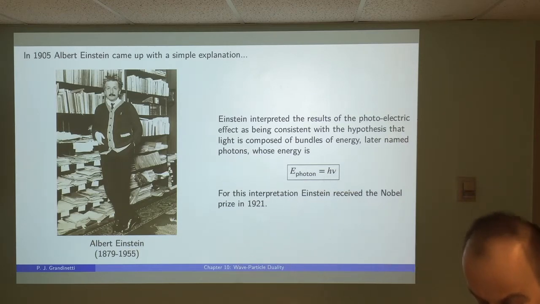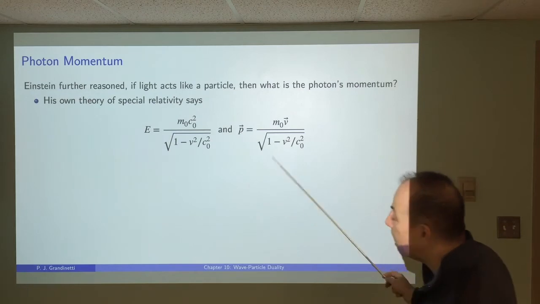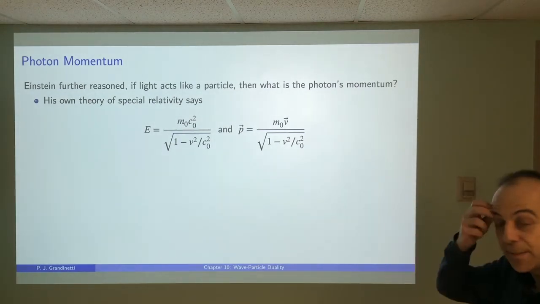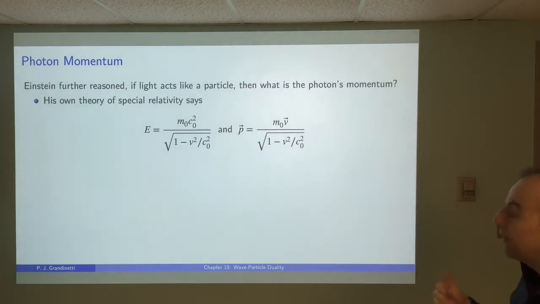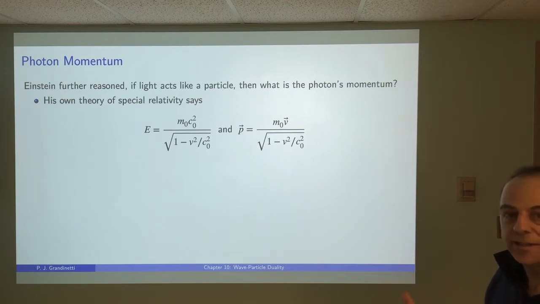And let's take a look at the more detailed analysis that he did based on this understanding. Remember, 1905 was a killer year for Einstein. He also published his special theory of relativity. So he knew that if light was a particle moving at the speed of light, he could use his special relativity to try to understand what its energy was and its momentum, assuming it was some particle.